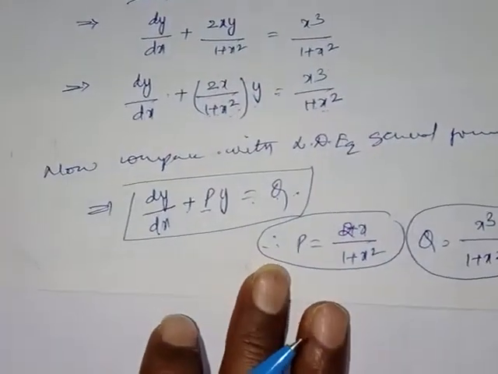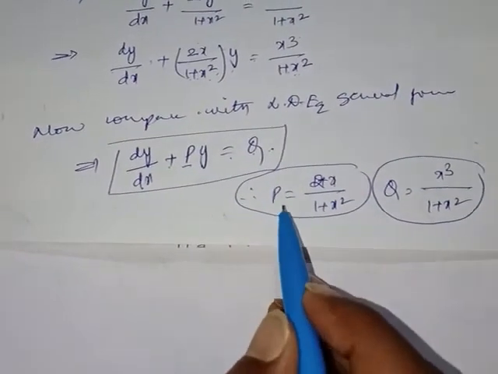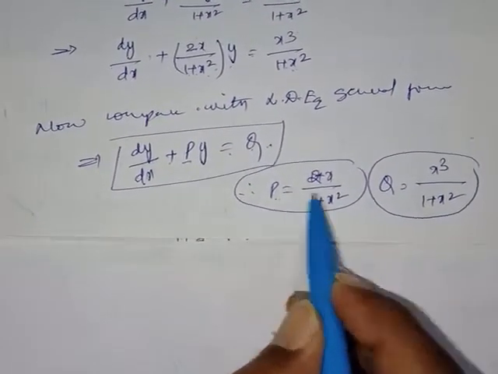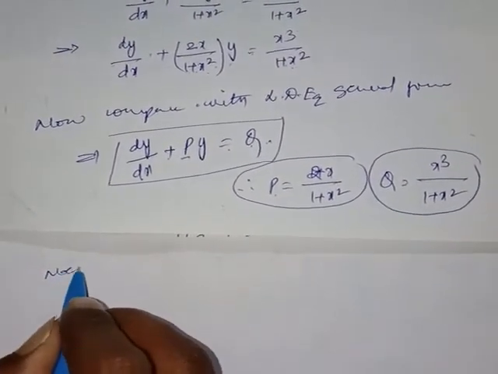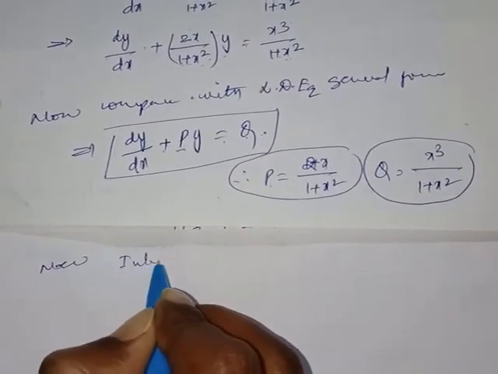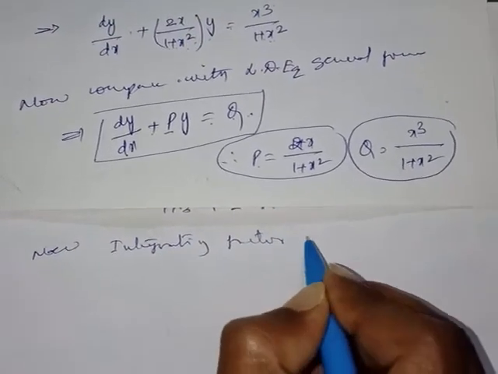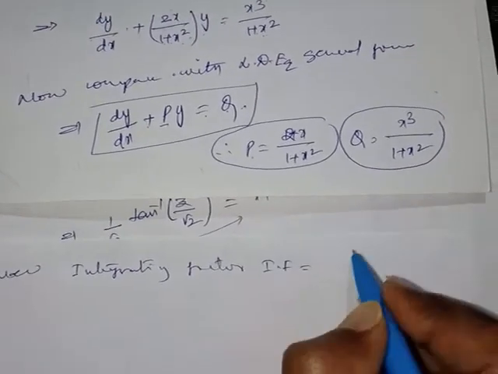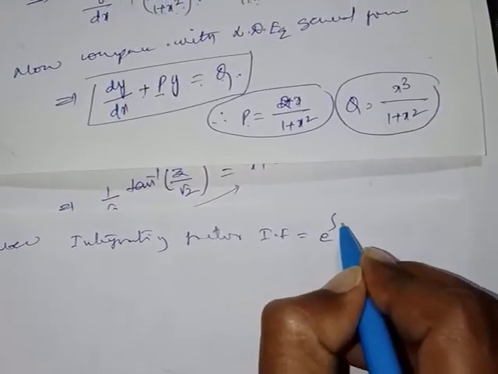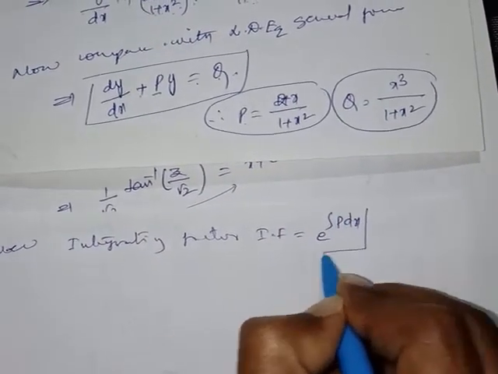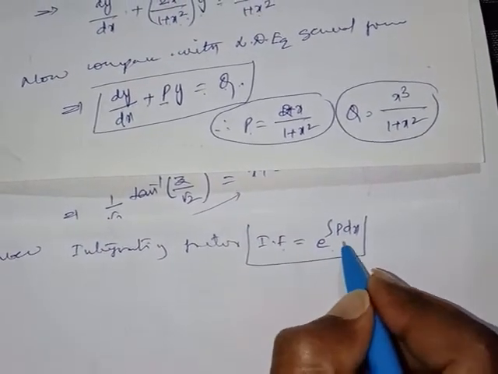After finding the P and Q values, now find the integrating factor. The formula is IF = e to the power of integral of P dx. This is the integrating factor formula.